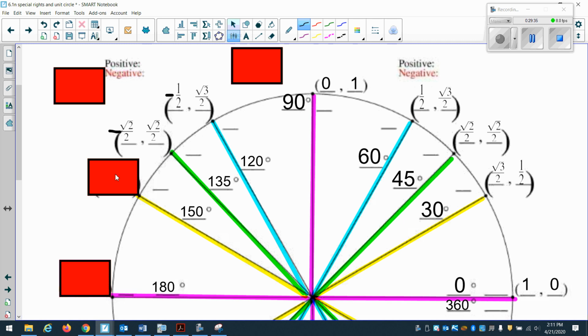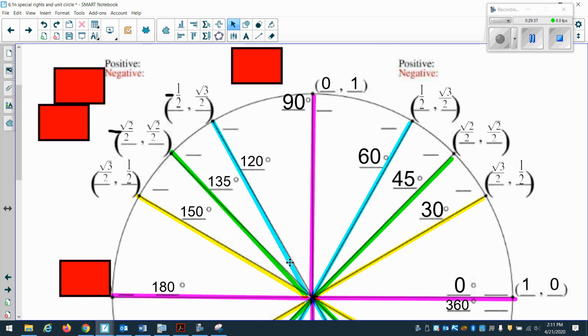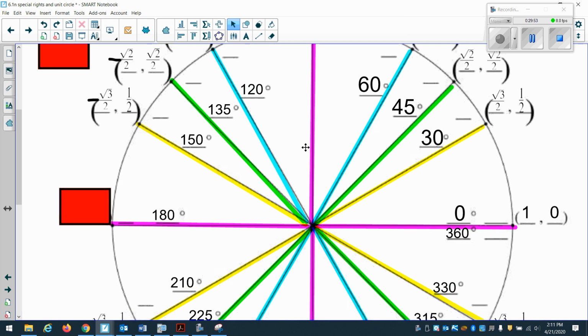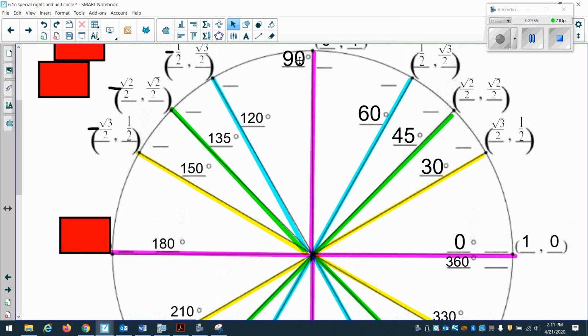Okay, same thing applies for a 30-degree angle. Same coordinate, however, your x value is going to be negative. Okay, just the negative x because that's what's negative in the second quadrant. Then another quadrantal angle, just like 0 and 90, is 180.